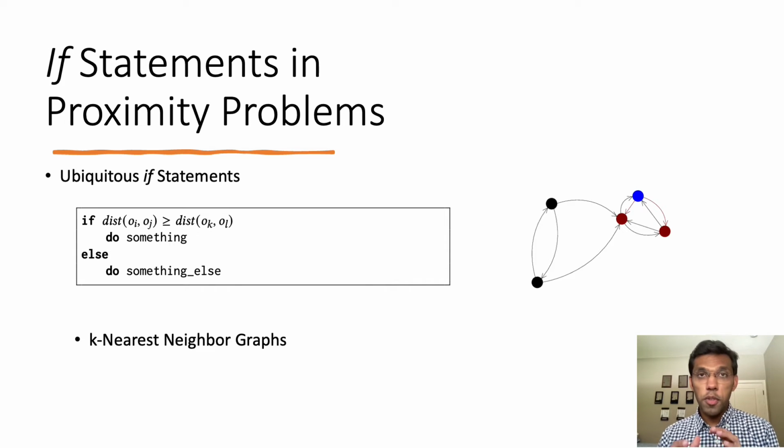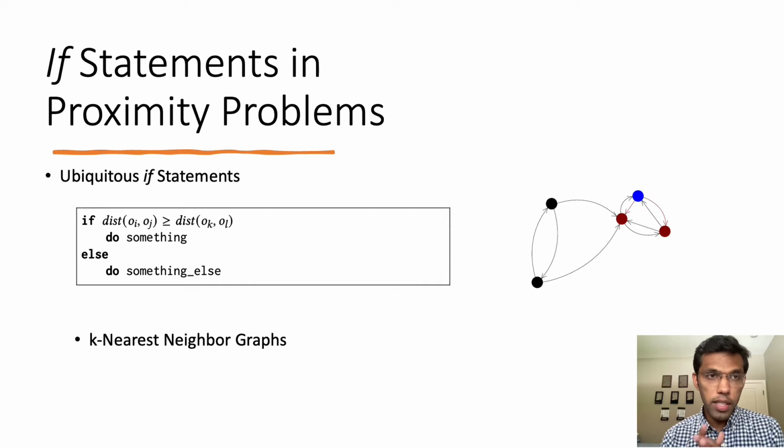Thus, the overall objective of this project is to reduce the number of distance calls at the expense of local CPU computation, leveraging the information about unknown edges and the relationships between those objects and other objects. For this purpose, we closely analyzed the proximity problems, and we found a very unique property all across proximity problems, which is the ubiquitous nature of if statements.